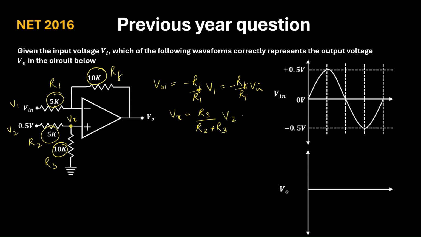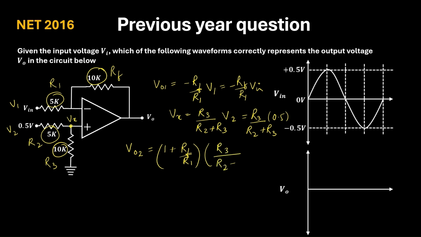V2 is 0.5, so we can write 0.5 here. Now the output due to V2 will be equal to 1 plus RF by R1 into R3 by R2 plus R3 into 0.5.